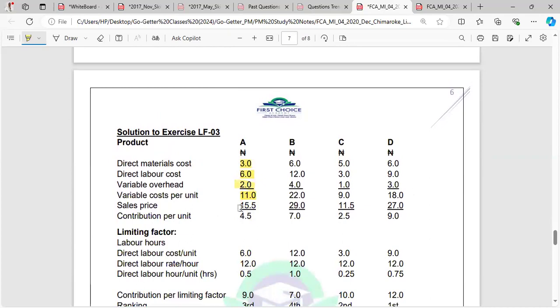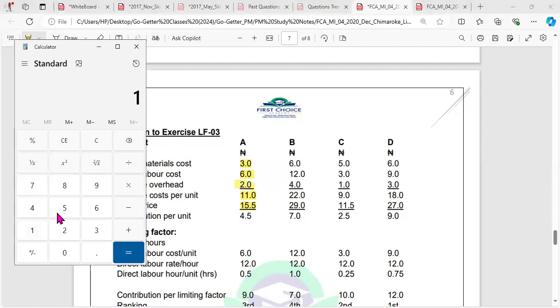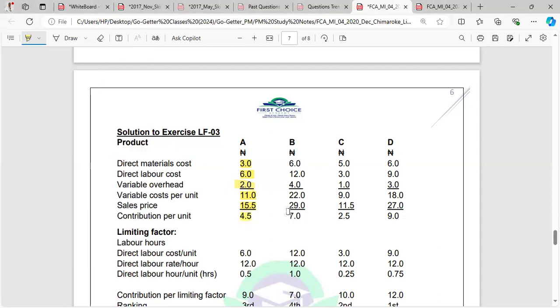Now this is your selling price. Your contribution is selling price minus variable cost. So we are going to do one of them here: 15.5 minus 11 gives me 4.5. That's the 4.5 here, and you do the rest for the others. That's the contribution per unit. That's number one.